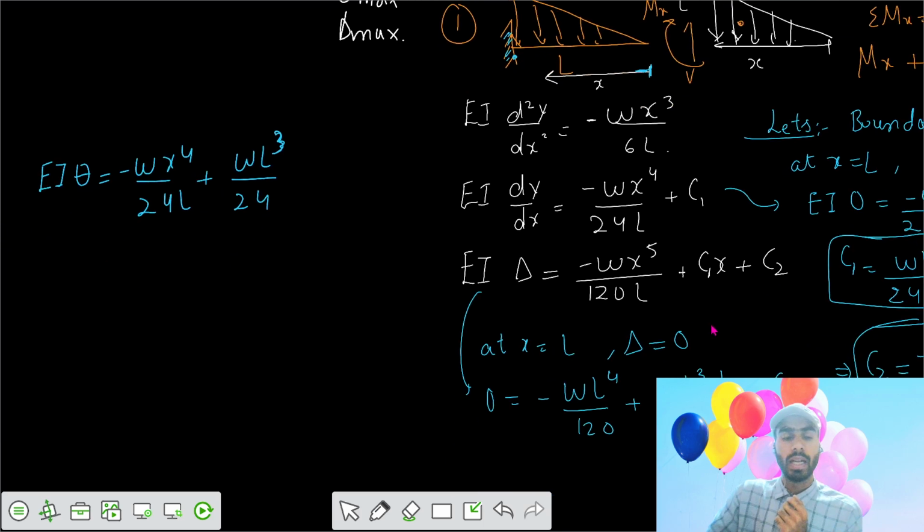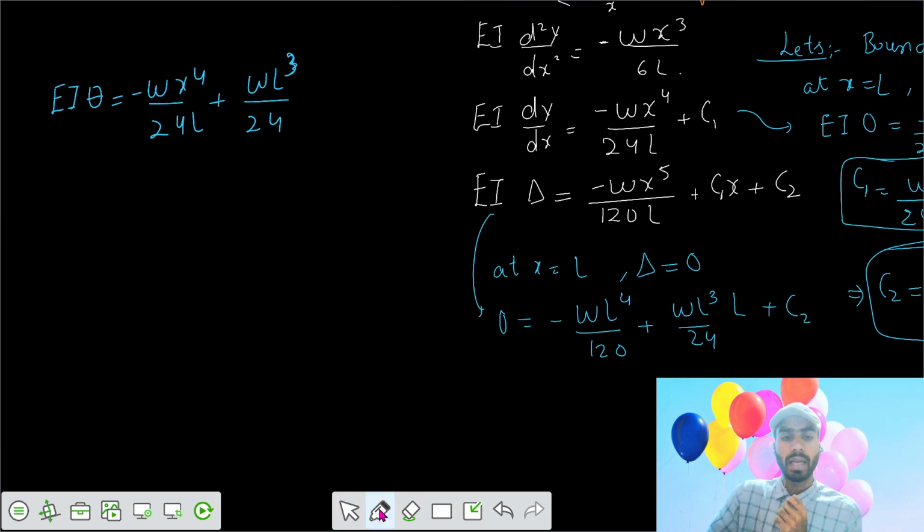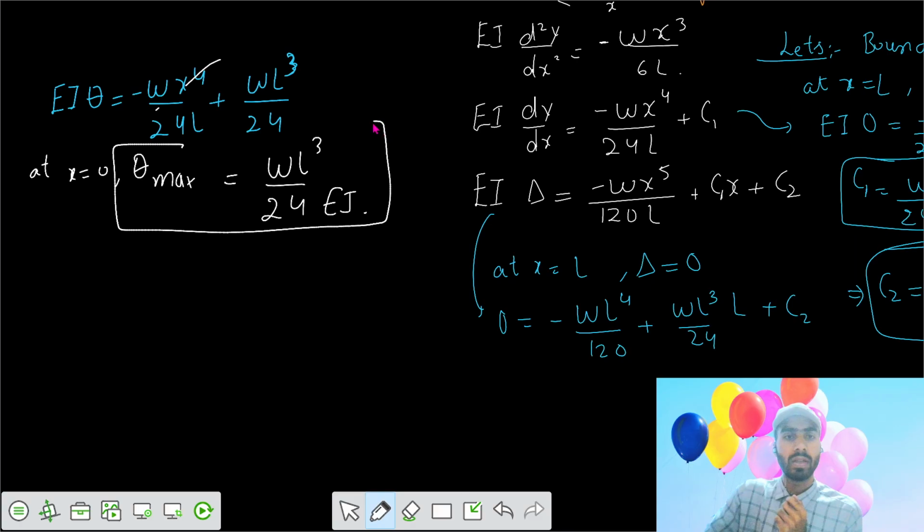You can write delta equals delta max, and theta becomes theta max, at x equals 0. Dividing by EI, at x equals 0 this part goes to 0. We are only left with WL to the power 3 by 24 EI. So this is your theta max.